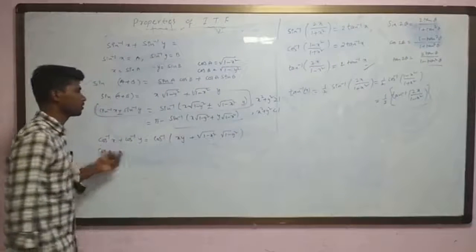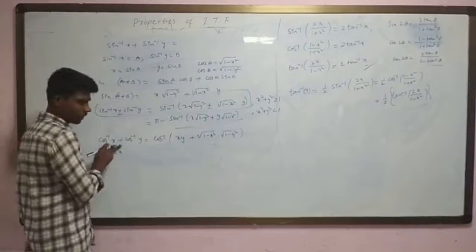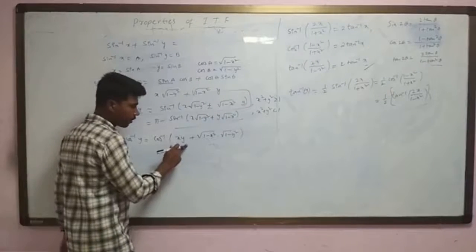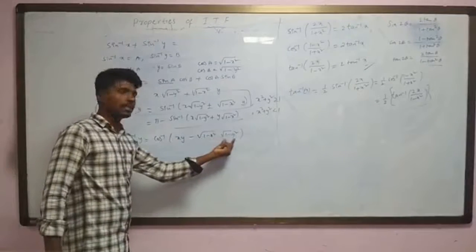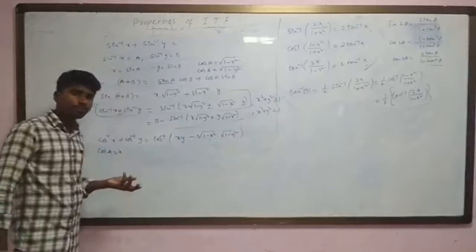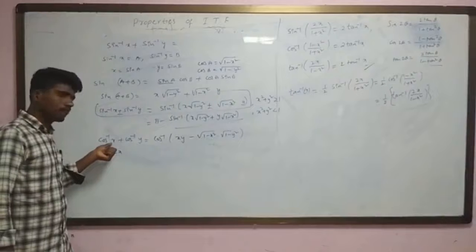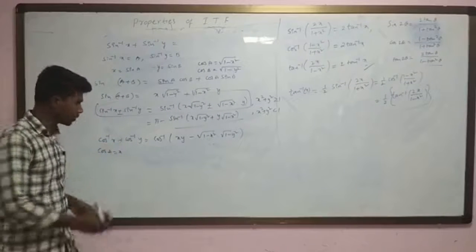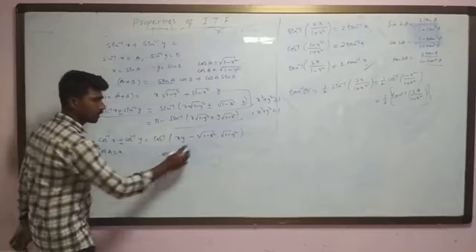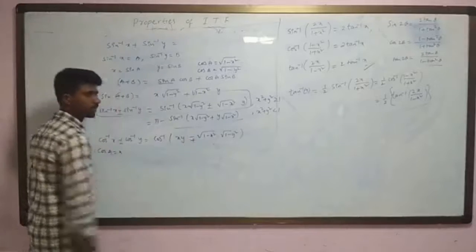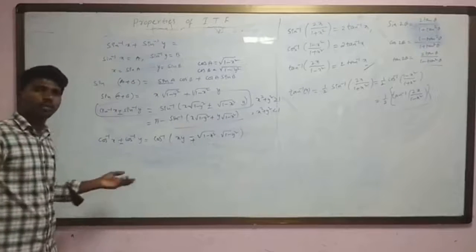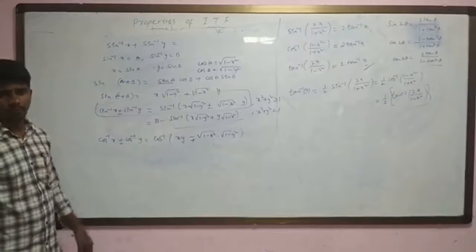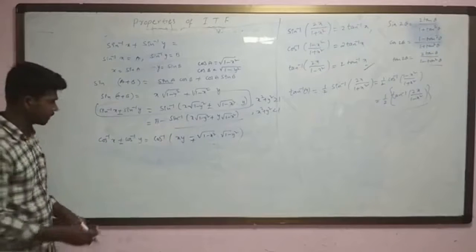If it is cos a cos b plus sin a sin b, and if I want cos inverse x minus cos inverse y, then this minus becomes plus. The same way we can go to 3 multiply, meaning the sin 3.